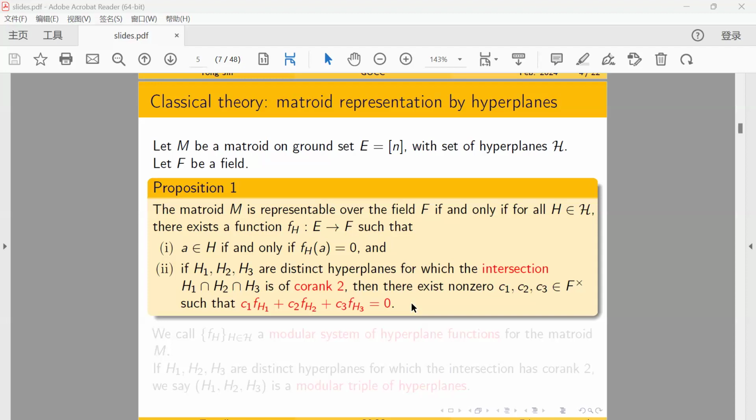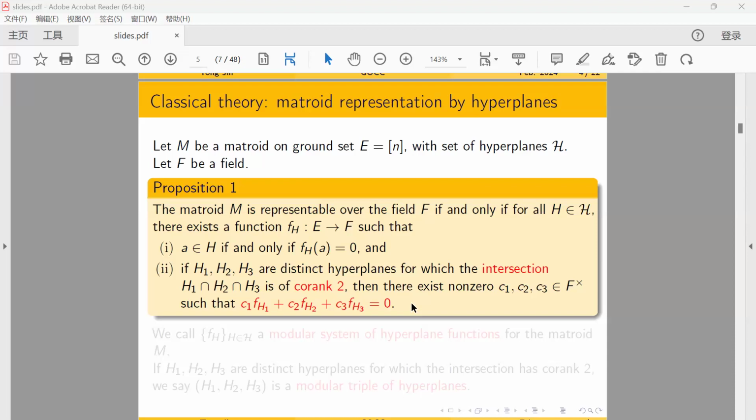So if a matroid is representable over a field F, then we are able to find a hyperplane function f_H, one for each hyperplane H, from the ground set E to the field F. We call it a hyperplane function because this function vanishes exactly on the hyperplane. So some element A is in H if and only if f_H of A is equal to 0.